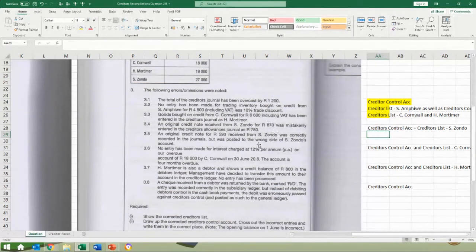Okay. Now, what is the difference between 870 and 780?